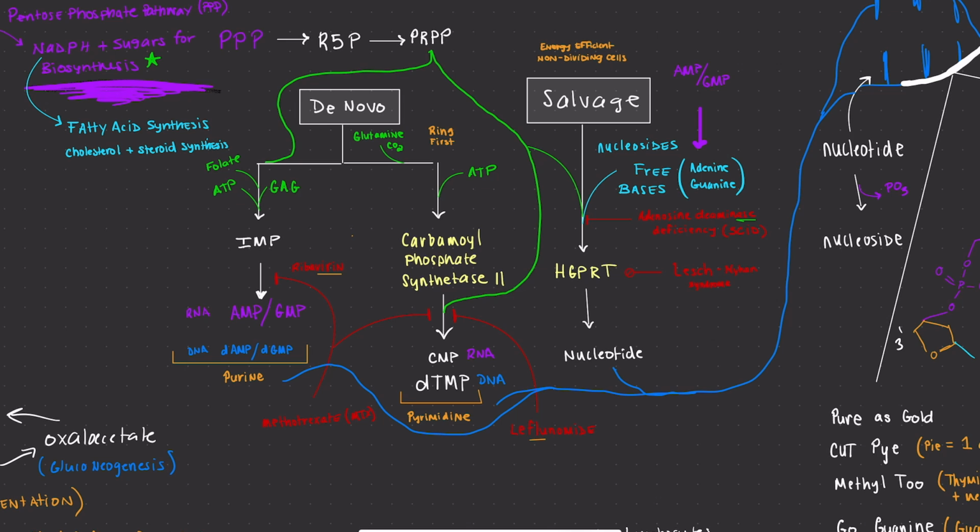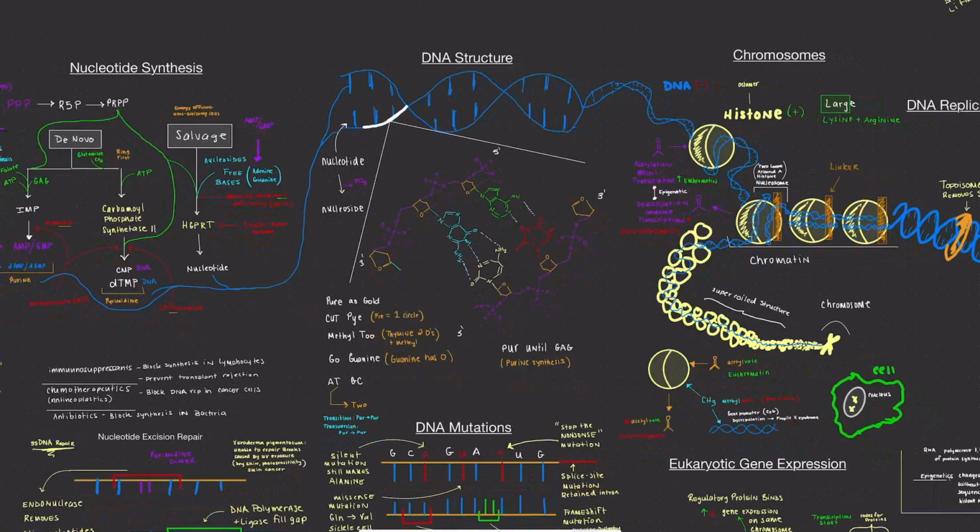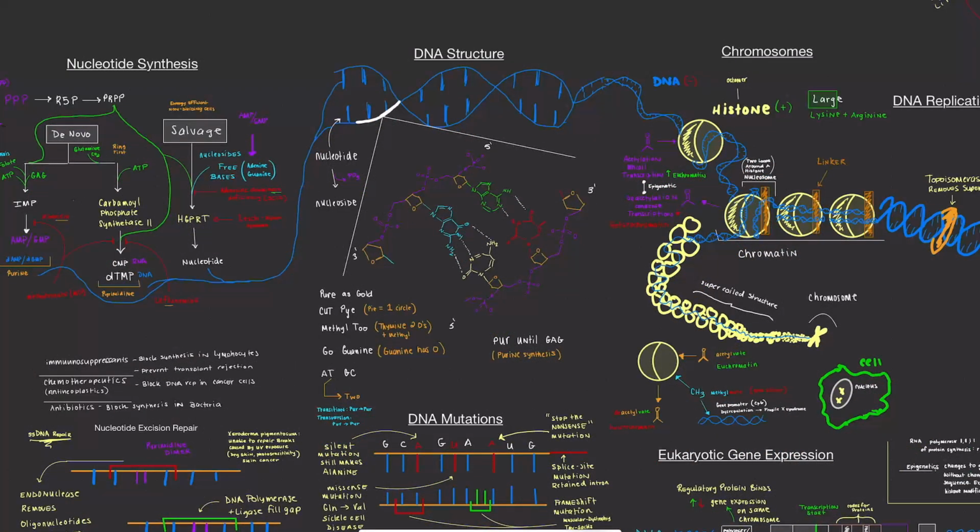So these are the de novo synthesis pathways, which require a lot of energy compared to the salvage pathway. And this is a great overview of how we get our nucleotides, which drives DNA transcription.